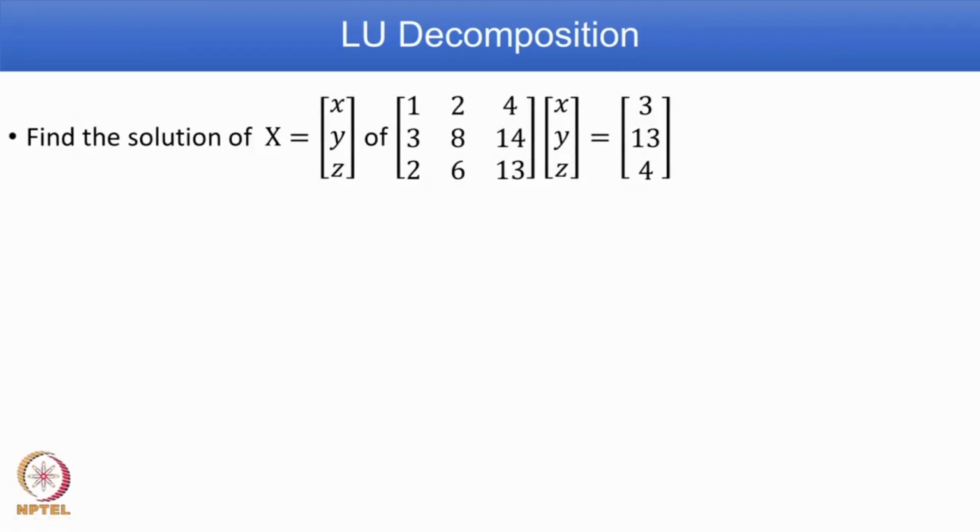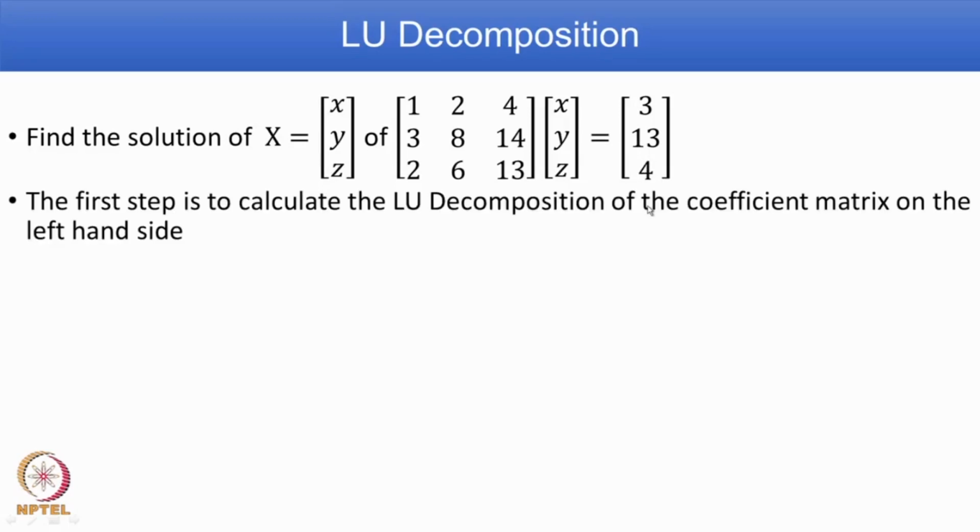Let us explain the LU decomposition procedure and finding the solution with the help of an example. It is given here: find the unknown vector x, y, z with the coefficient matrix as shown here, 1 2 4, 3 8 14, 2 6 13, and the B matrix as shown here as 3 13 4.